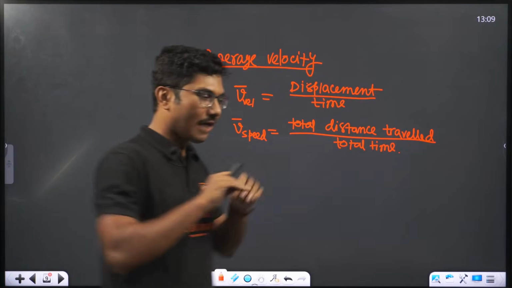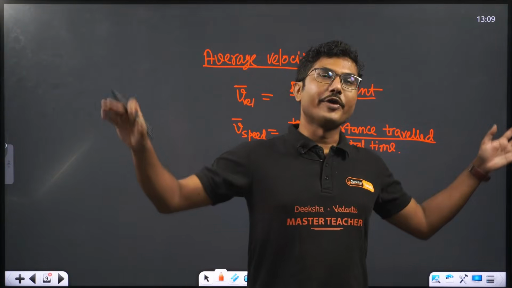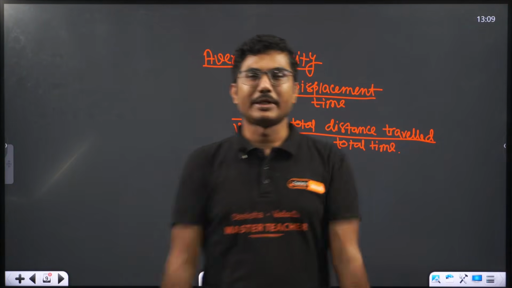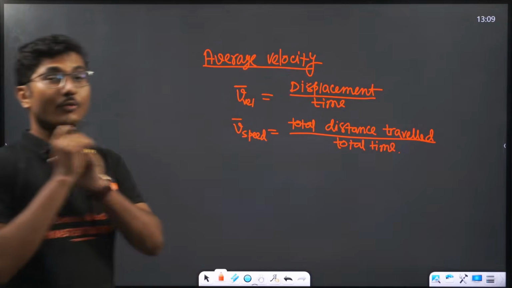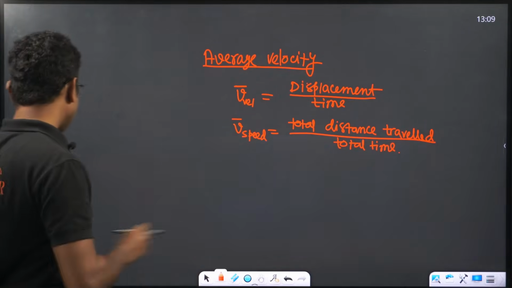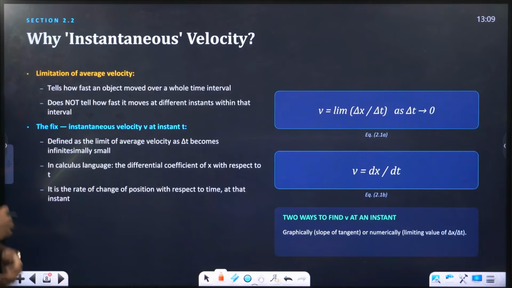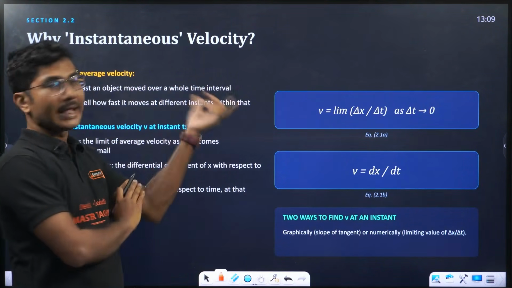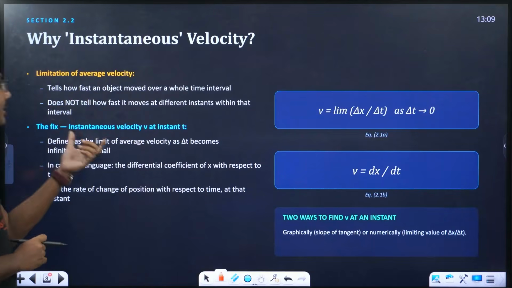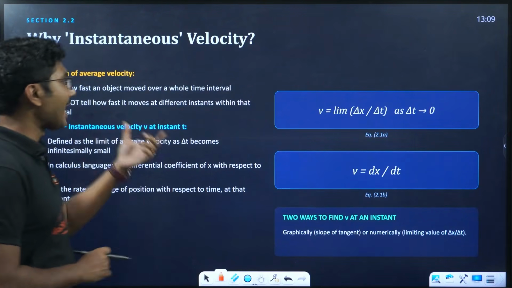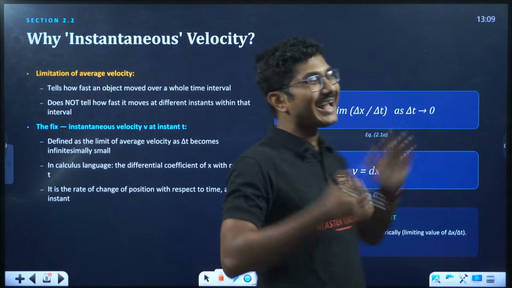Average velocity gives you the overall average, not exactly what your velocity or speed was at a particular moment. That is super important. So the limitation of average velocity is that it tells how fast an object moved over a whole time interval, but does not tell how fast it moved at different instants within that interval.